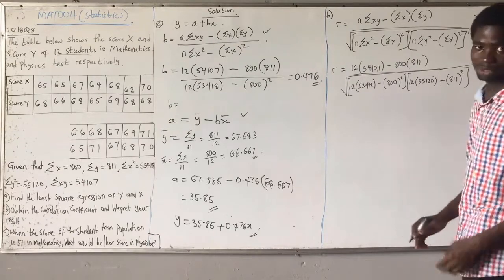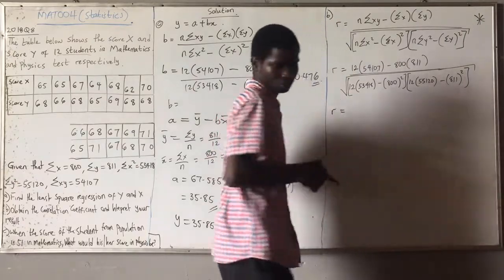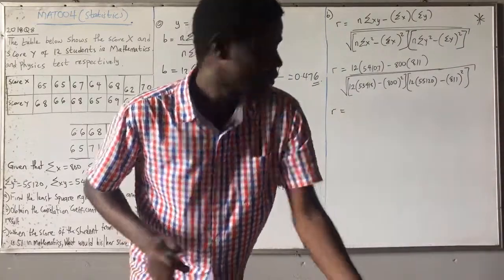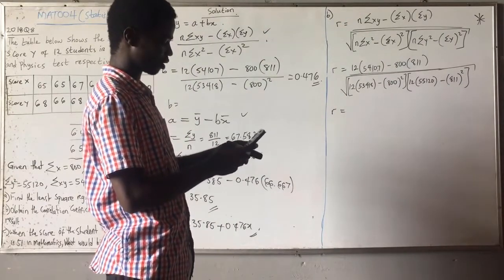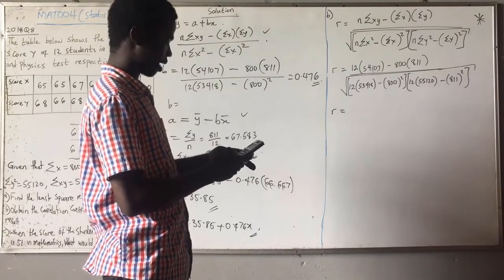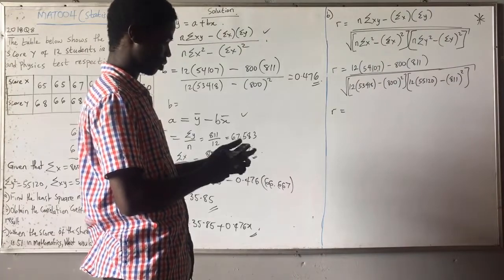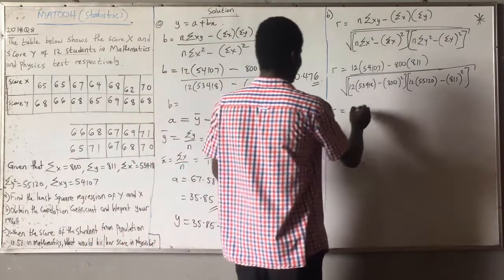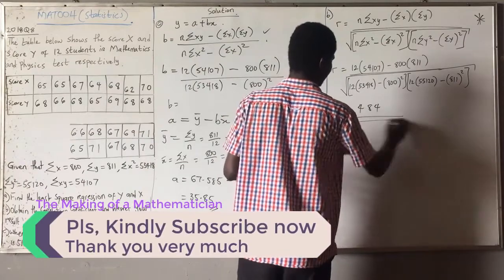So that is what we have. So R is equal to, now a calculator will be very needed. 12 multiplied by 54107 minus 800 times 811. You get 484. The answer to this one is 484 all over square root.